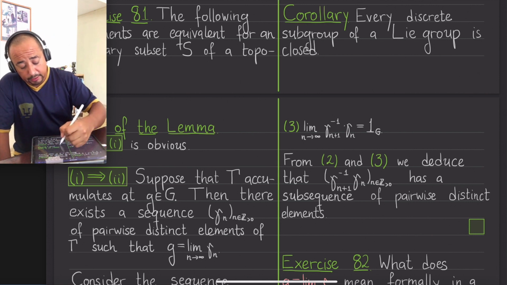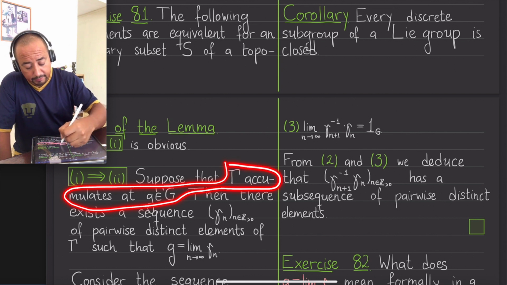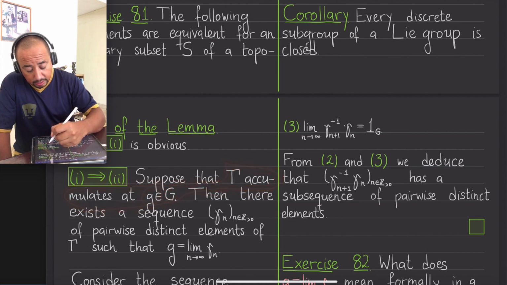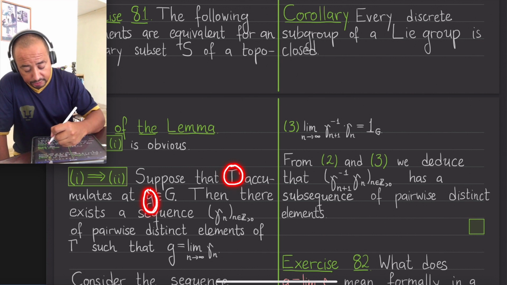Formally speaking, this really means that every open set containing this element g necessarily contains at least one element of gamma different from g.